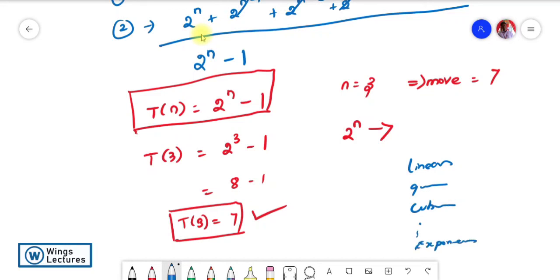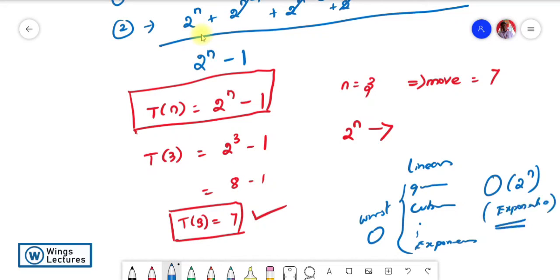So exponential, these categories come under worst case, which is big O, and here the time complexity is going to be big O of 2 power n, that is going to be exponential.